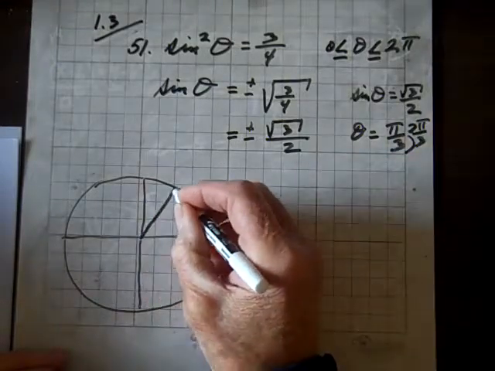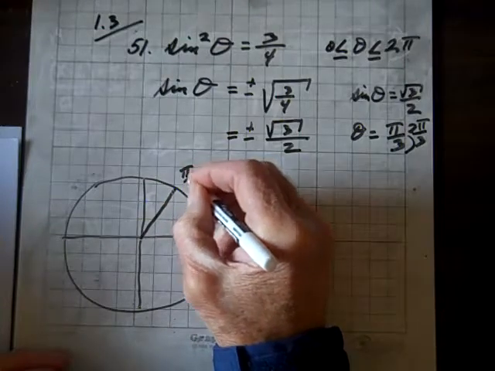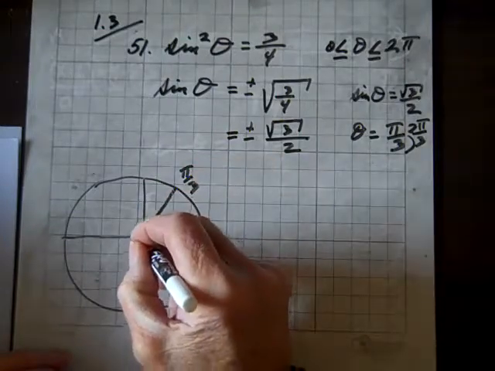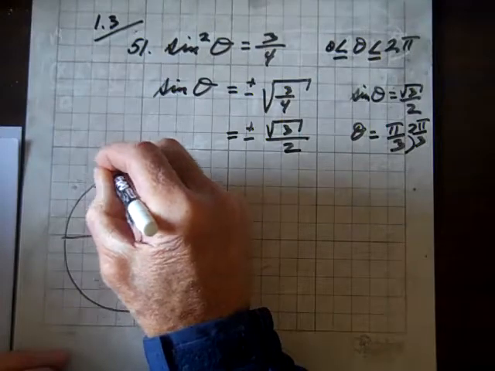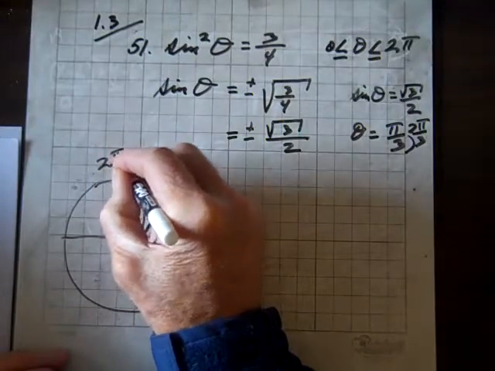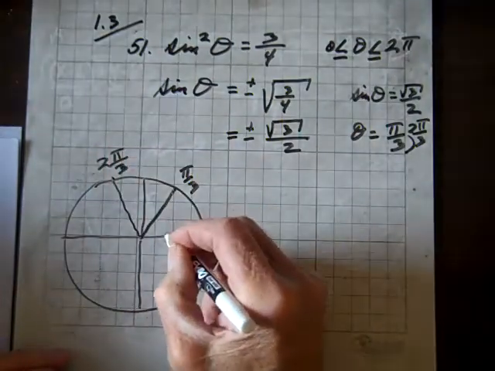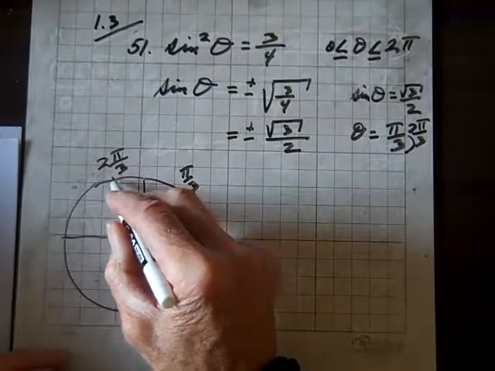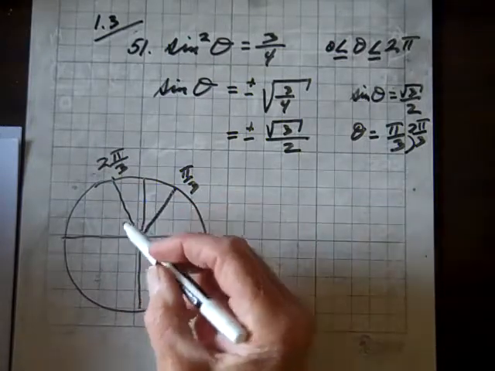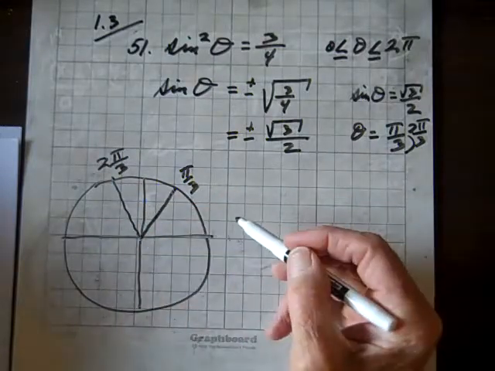So pi over 3 and 2 pi over 3. You know, that's 60 degrees. Add another 60 degrees, you get 120 degrees, and so on. This would be 3 pi over 3.